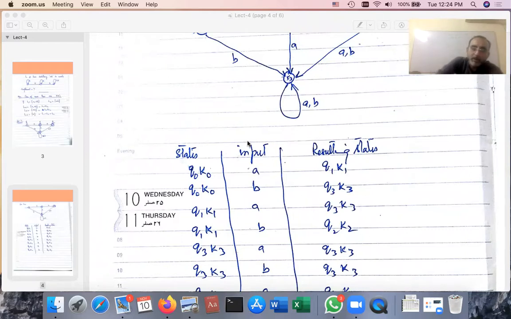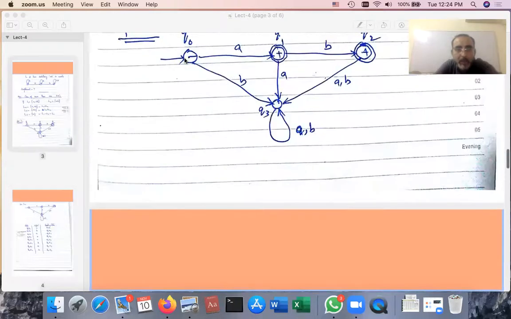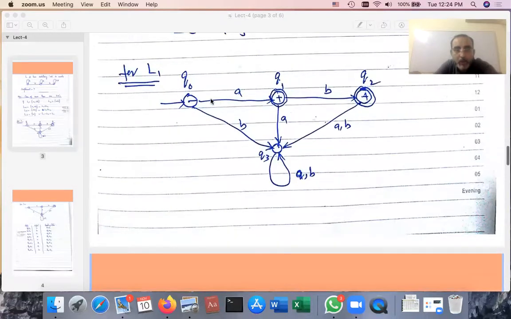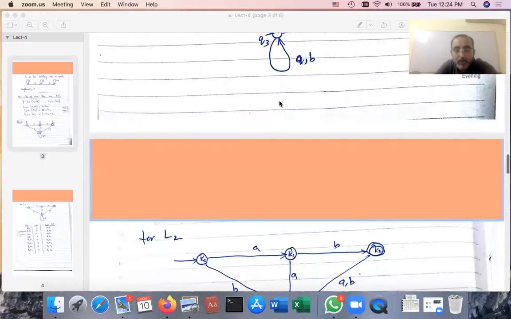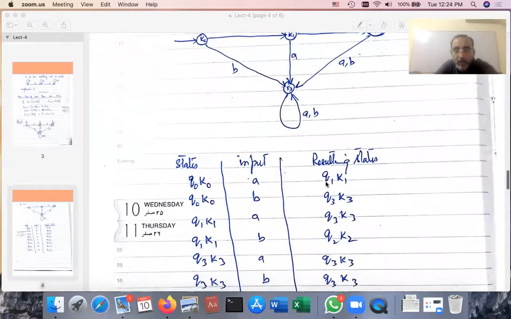If there would be A on these two states Q0 and K0, first you have to look at this A over Q0. At Q0, when I take A, I reach Q1. So you have to mention Q1 here in the resulting states.